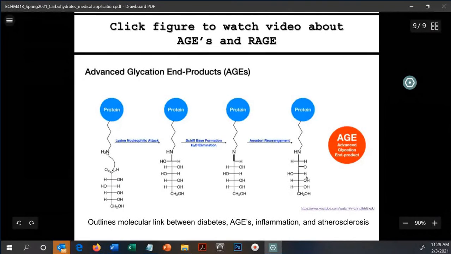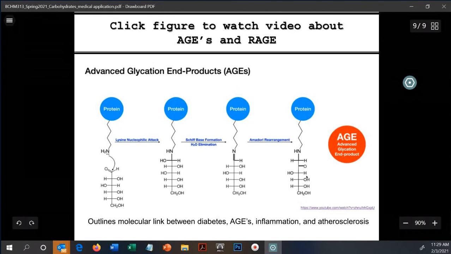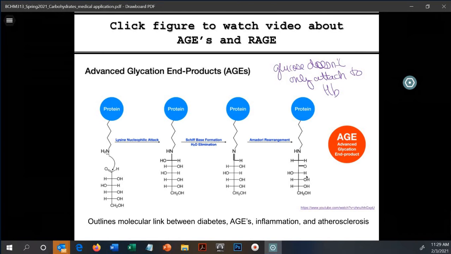Now, why do we care? Glucose doesn't only attach to hemoglobin. Glucose attaches to other proteins too, and so we can have glycation reactions with those other proteins as well. Where it says protein, this is any protein, not just hemoglobin.